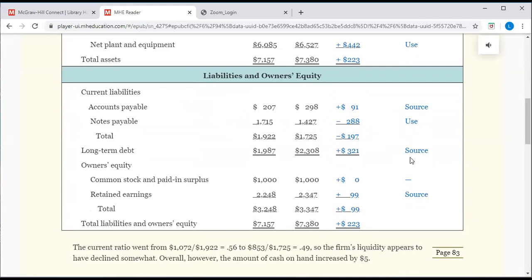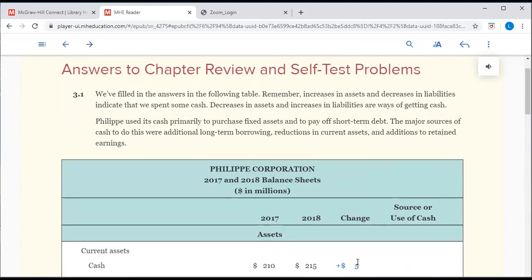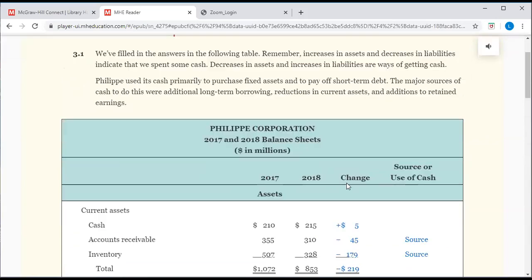We have a source of cash in the long term. So that's what they wanted us to do here, look at the balance sheet and determine the major categories, sources and uses, and then identify the major sources and uses, and whether the company became more or less liquid, and what happened to the cash during the year.